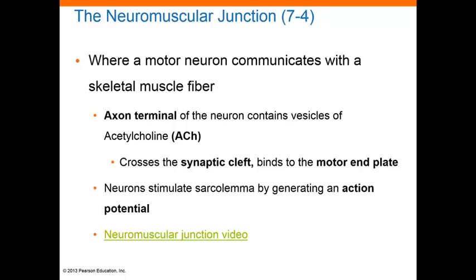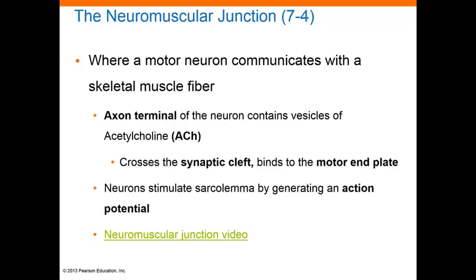The synaptic cleft is the space between the axon terminal and the sarcolemma, that specialized muscle fiber cell membrane. The acetylcholine crosses the synaptic cleft and binds to the motor end plate. This is a specialized receptor for acetylcholine on the sarcolemma.